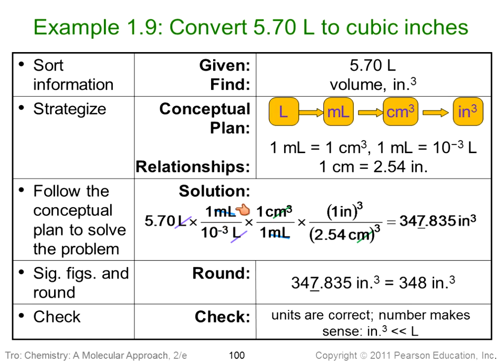So I start with liters, convert to milliliters, convert to cubic centimeters, 1 to 1, remember. And then down here, 2.54 centimeters per inch, but now I cube both parts so that my cubic centimeters will cancel with that one. And we get our answer.